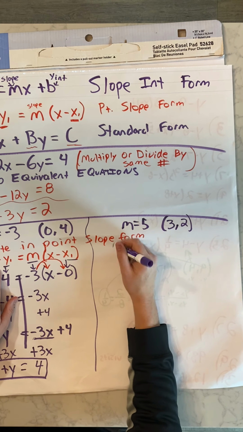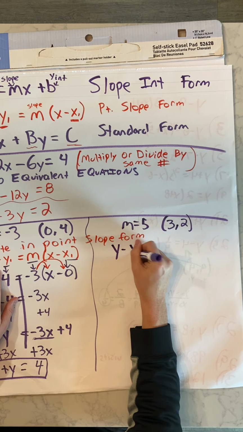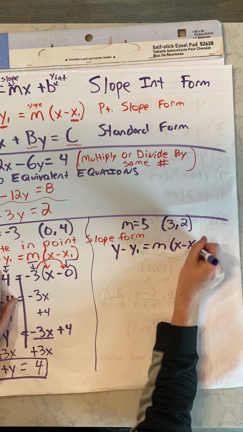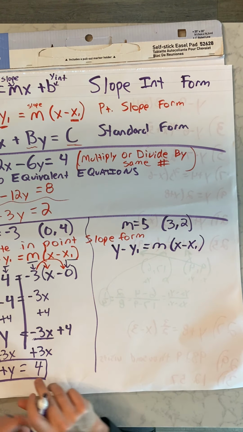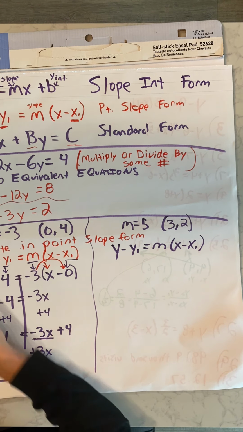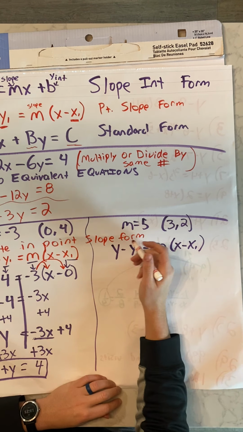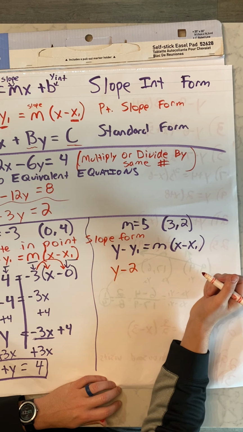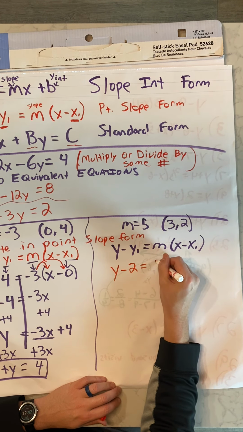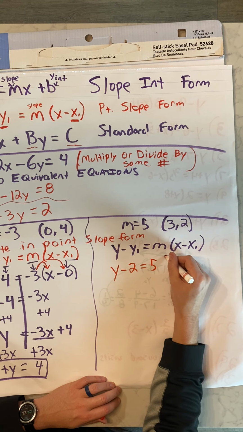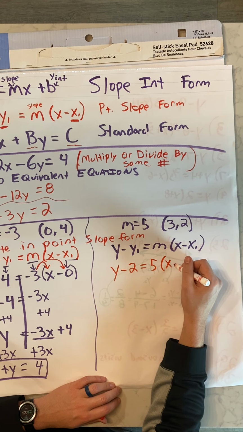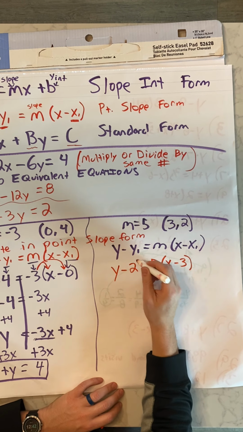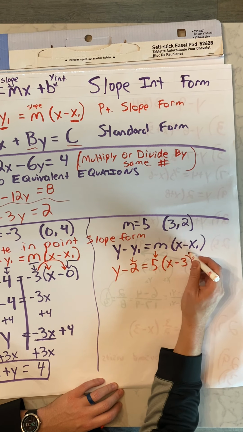I'll rewrite this. Y minus y1 equals m times the quantity x minus x1. Sub our points in. So it's going to be y minus y1, which is 2, equals m, which is 5, times the quantity x minus 3. I substitute these three things in.